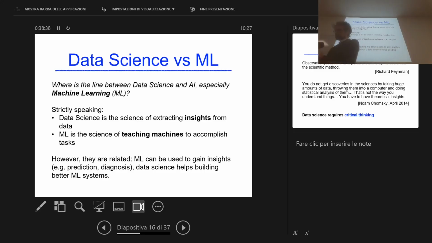So, if we try our best to put a line, let's say that data science is mostly concerned with extracting insights from data. I have some data, I want to summarize this data into usable information. Sometimes some of my PhD students or research collaborators write me an email: look, I did the experiment that we were talking about, it's working great, see the attached file.